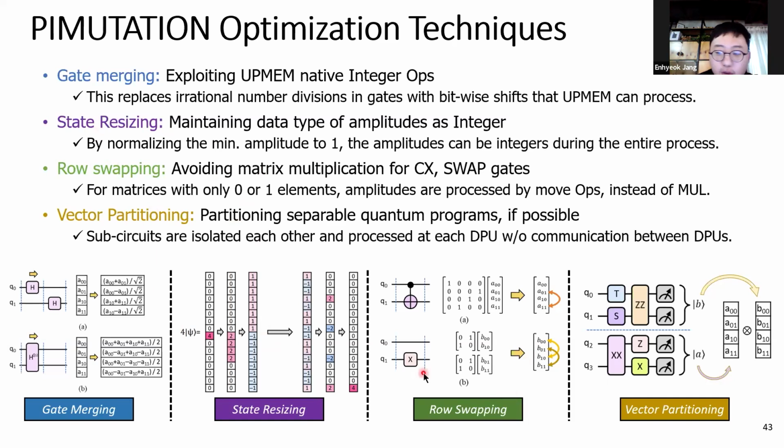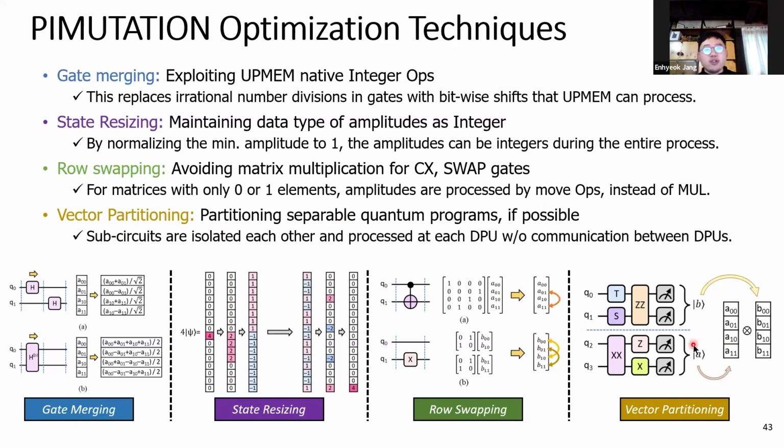The third is row swapping. We avoid the matrix multiplication operations for controlled-X gates or swap gates. We directly switch the amplitude positions, not using multiplication operations. And the fourth is vector partitioning.